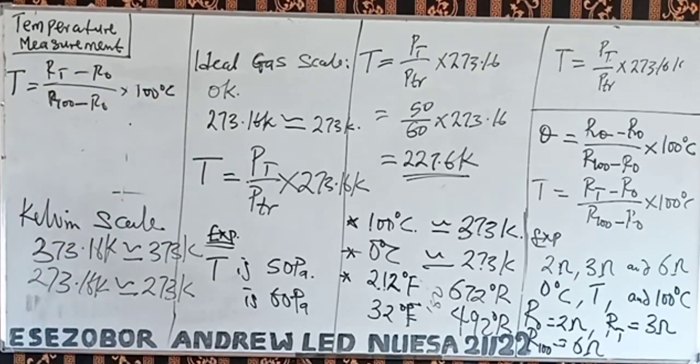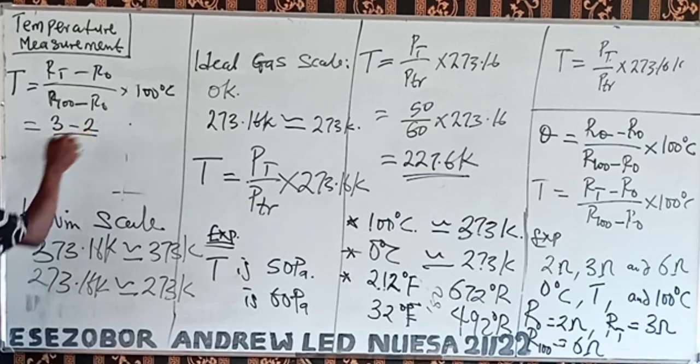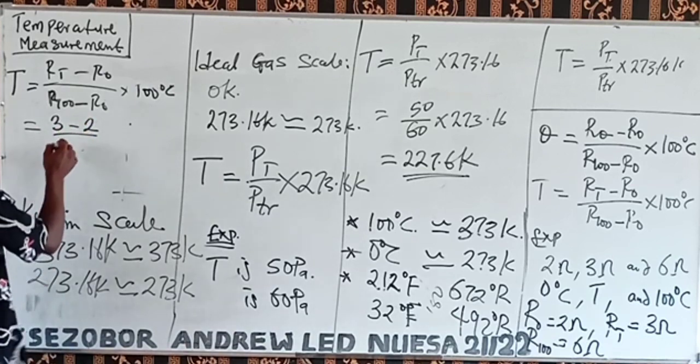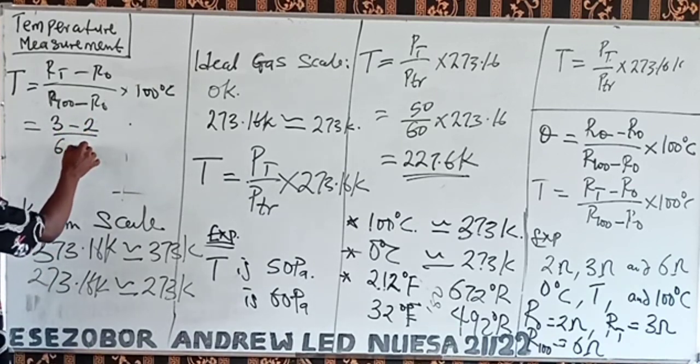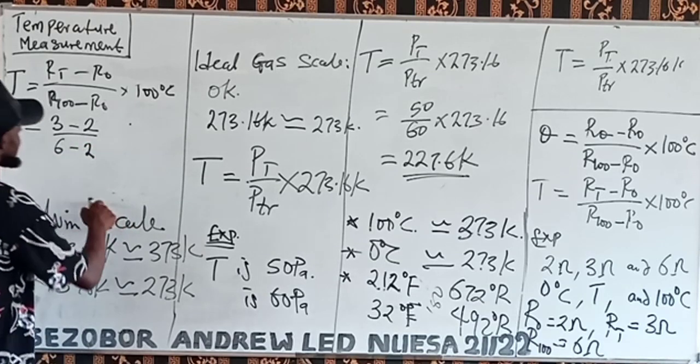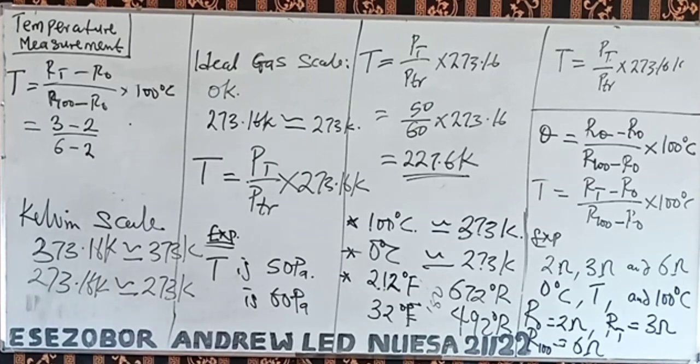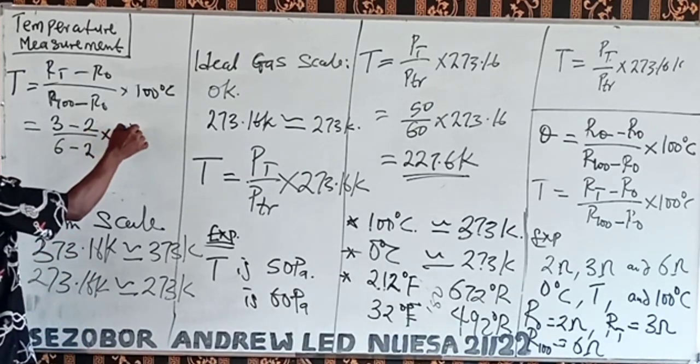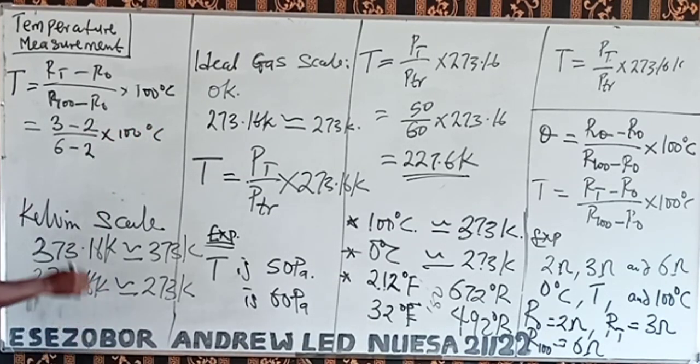So let's see what we're going to have next. Imputing the values: R_T is 3, minus 2, over R_100, which is 6, minus R_0, which is 2, times 100 degrees Celsius. So this will give us a very good answer.